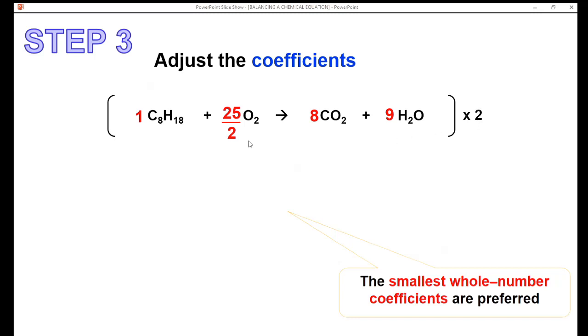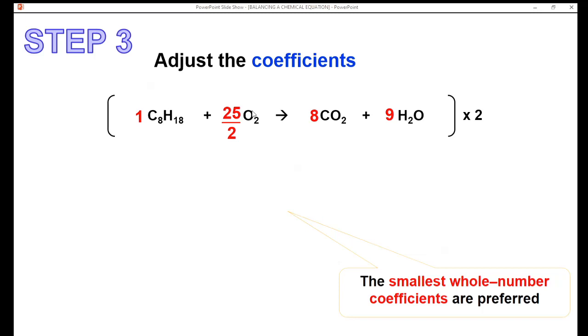Normally in any balanced chemical equation, we always prefer the smallest whole number coefficient. If we look at this equation, all of the components are not in whole number, especially oxygen.